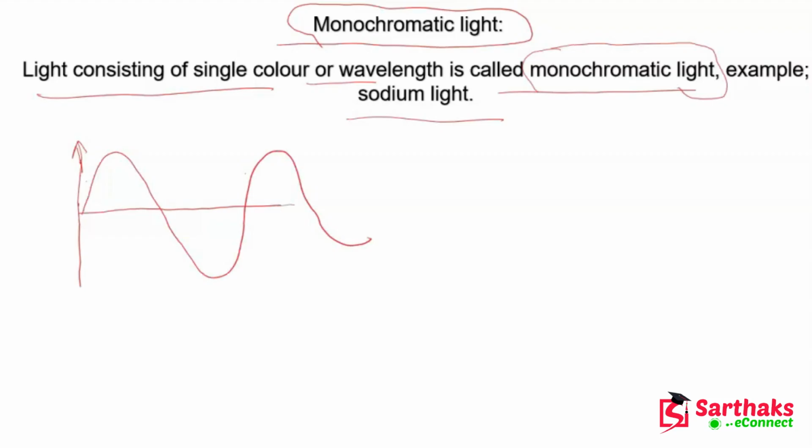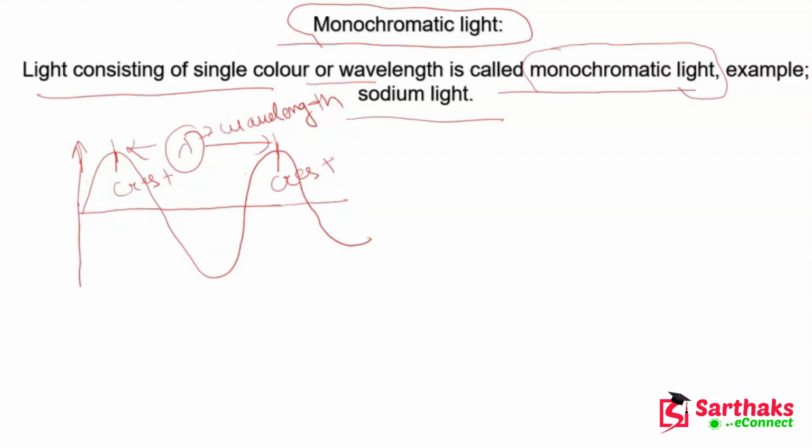The distance between this crest of the wave and this other crest of the wave is known as its wavelength. Let me write it here for you: wavelength. Each color has a different wavelength.